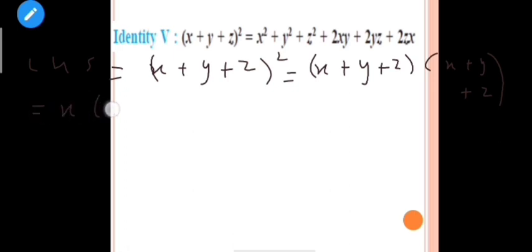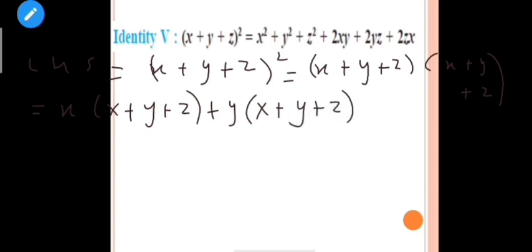So it must be (x plus y plus z) into (x plus y plus z). After that, simple multiplication: x with (x plus y plus z), plus y with (x plus y plus z), and plus z again with the second term, that is (x plus y plus z). I hope you know the simple multiplication here.